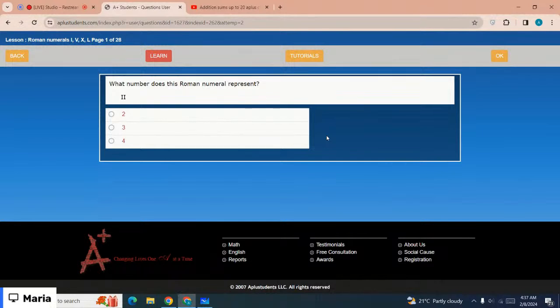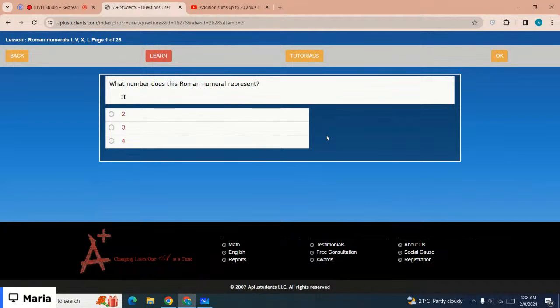Which is the correct option? What number does the Roman numeral represent?